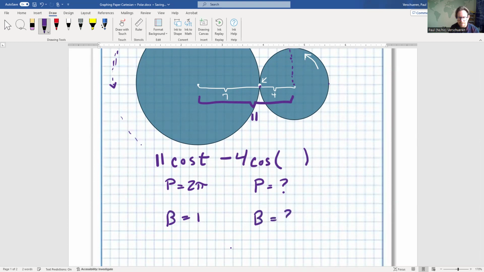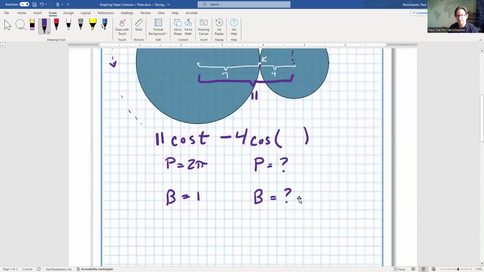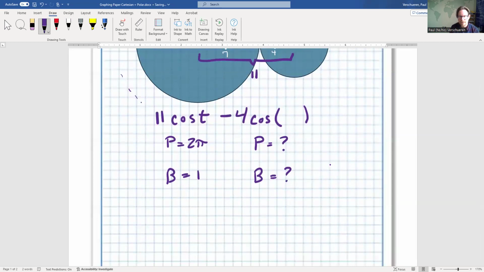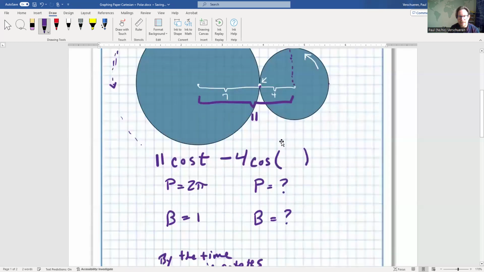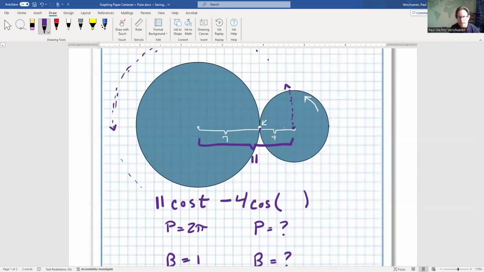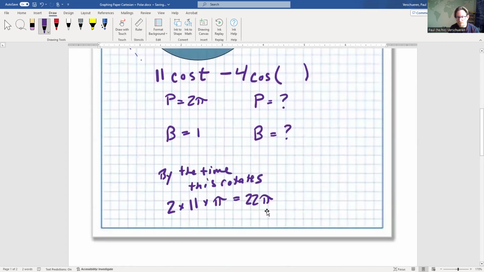And we don't really know what B is, but if we figure out the period, we can figure out B. So the period of this larger circle is, the way to think of this is, by the time this rotates a full circumference of 2 times the radius of 11 times pi, by the time that rotates 22 pi, in other words, this point right here has gone all the way around, that's traveled a distance of 22 pi.